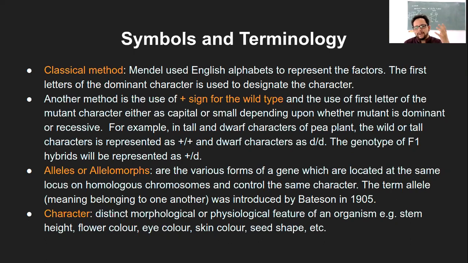It is nothing but, for tallness or dwarfness or any particular phenotype or physical characteristic, there will always be two alleles, that means two copies of the gene will be present on the chromosome, and they will ultimately control the same character. Both of these alleles control the same character. So the character can be the height of a person, which can be tall or short, or the skin color, which can be dark brown or whatever color. So that is alleles.